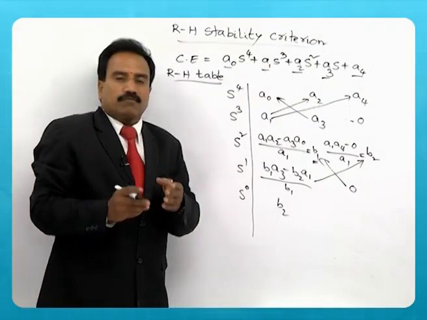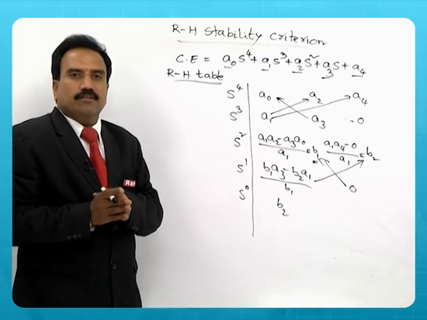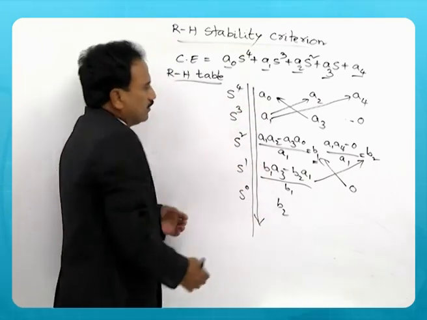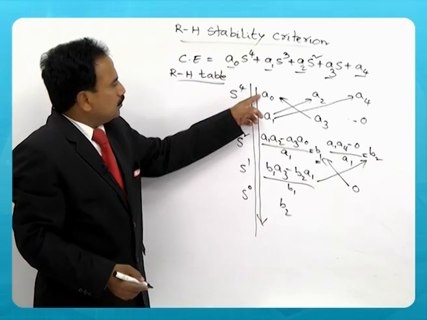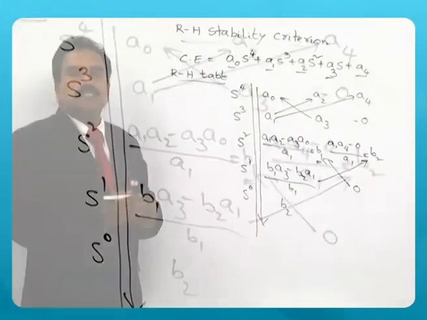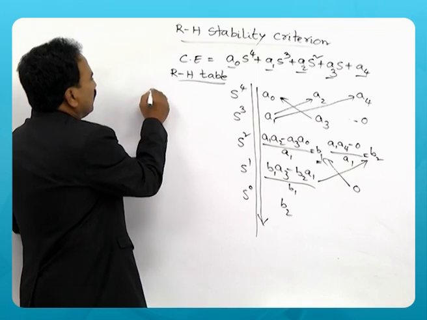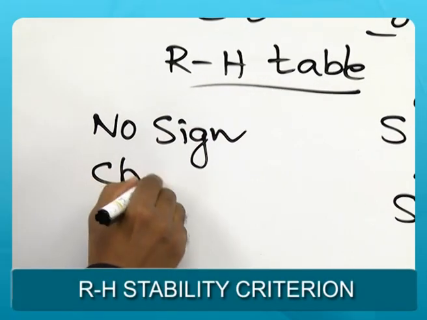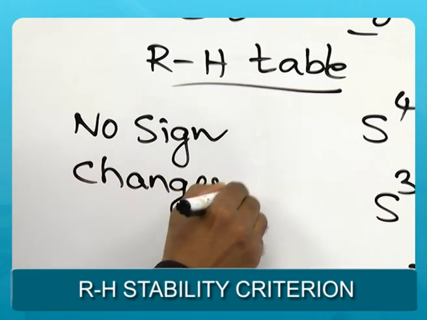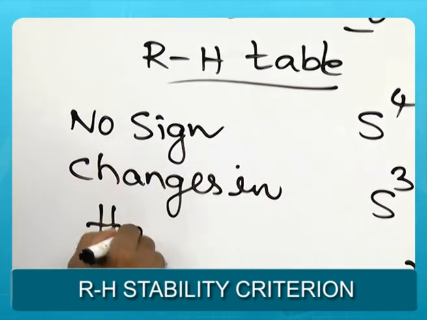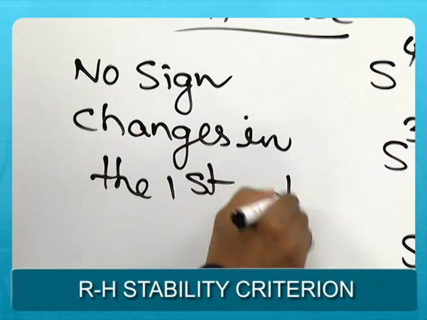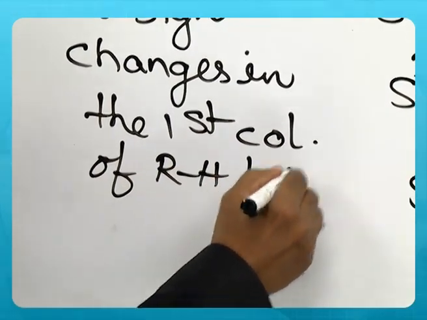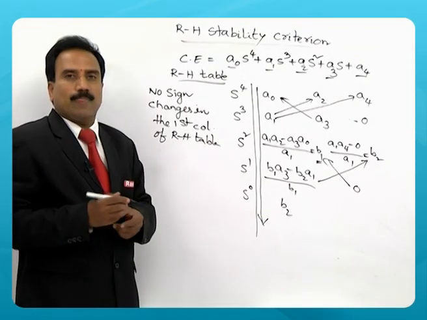So for the first column of Routh's array, we need to focus only on that column. There should not be any sign changes in the first column of RH table, then we say that the system is stable.